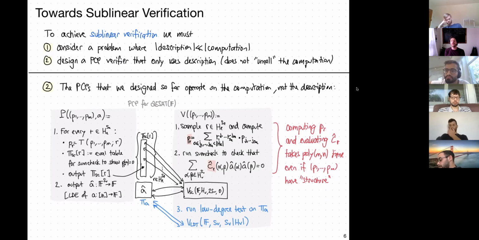So for example, I can give you just a constant number of coefficients of a polynomial, and if you evaluate it over a huge field, then even though I just specify a small number of coefficients, it in fact represents the truth table of a huge function, right?